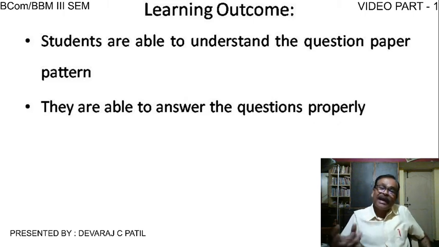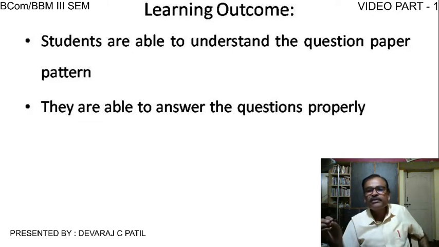If you get that idea, it helps you to prepare specifically for short notes, for essay type answers, for annotations. Then you will perform so well in the examination, and it results in very good scoring of marks.